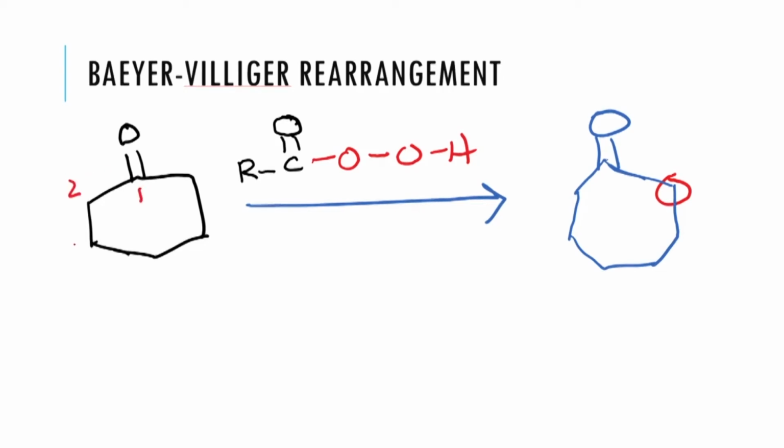This is 1, 2, 3, 4, 5, and 6. If I keep this as 1, then this becomes 2, 3, 4, 5, 6. And now we have a 7-membered ring with an oxygen in it. So this is the reaction that we're going to consider now, and it is called the Baeyer-Villiger rearrangement.